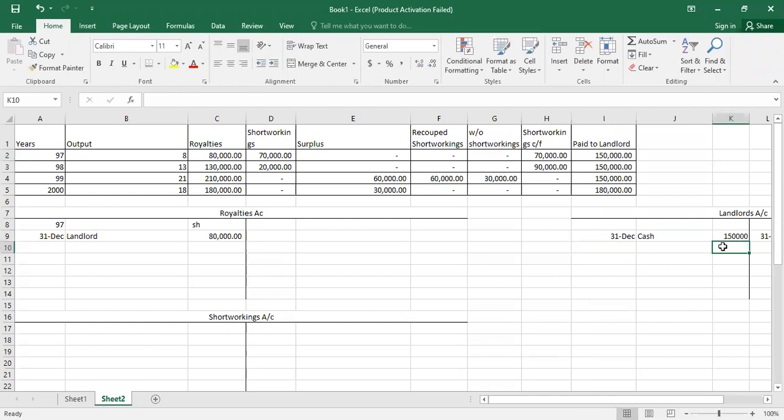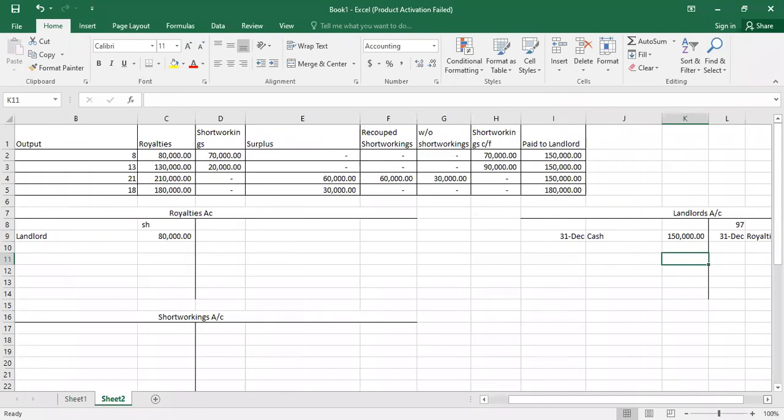And this is what will give us the shortcomings, because the difference of the debit side and the credit side will be our shortcomings for that particular year, isn't it? So the royalties account will be closed with the landlord's account. So that one is already closed.